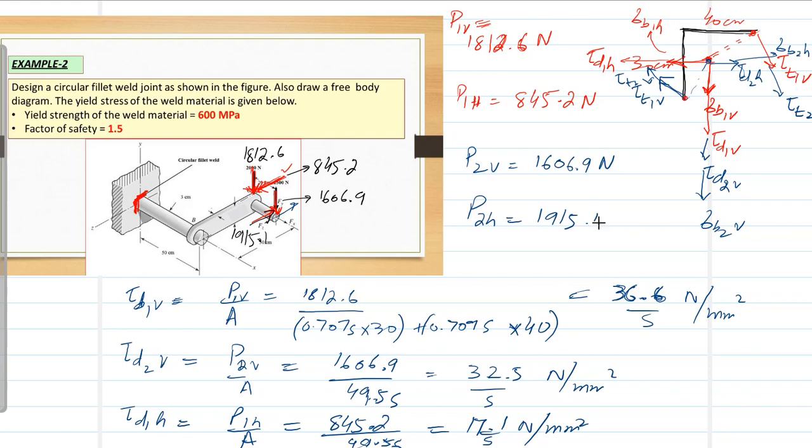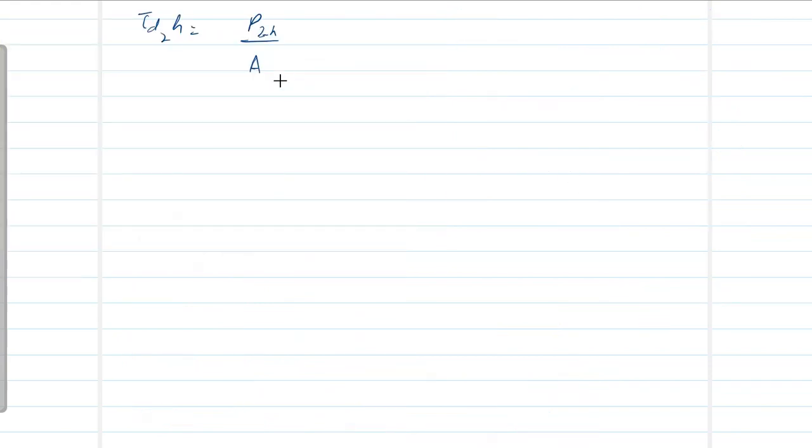So 1915.2 divided by 49.5. Just to verify again the value of 49.5, the area, in case we do not get any fault in the answers.